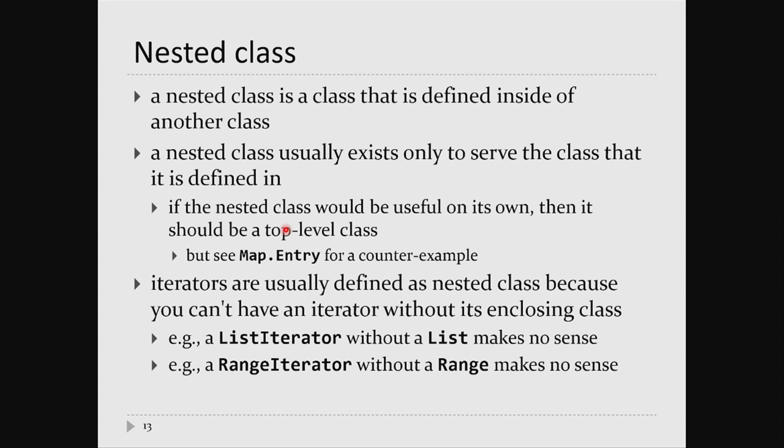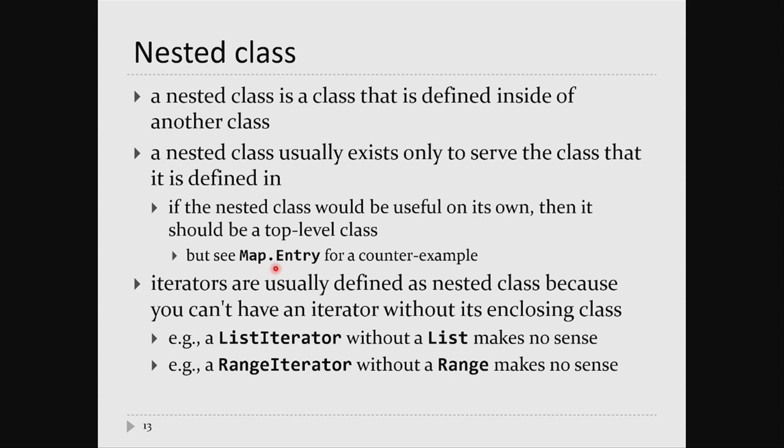In other words, you should define it as a regular class or a top-level class. A top-level class is just a class that's not defined inside of another class, so it's not a nested class. So that's the general rule, but the Java standard library breaks that rule.